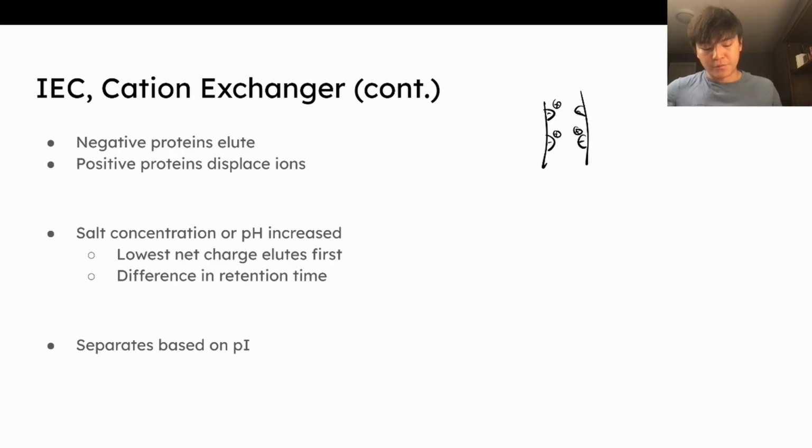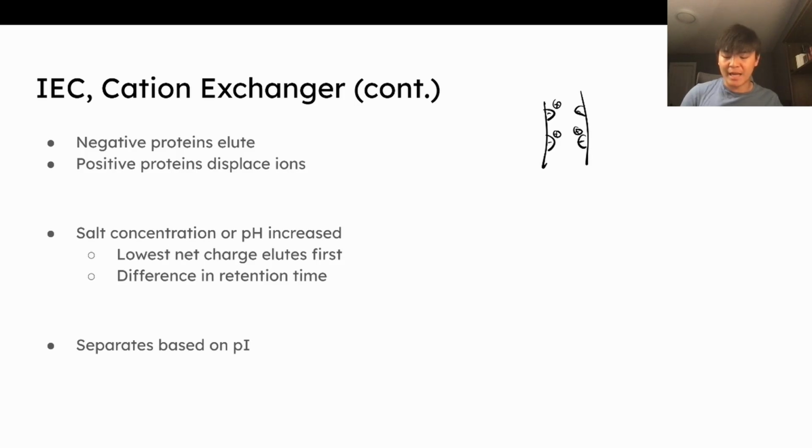Now what do we do? Obviously, in this solution we have a bunch of salts, right? And we also have protons. We can increase either the salt concentration or the proton concentration, which would either increase the pH or increase salt concentration, depending on what we do, right? Let's first look at increasing salt concentration.